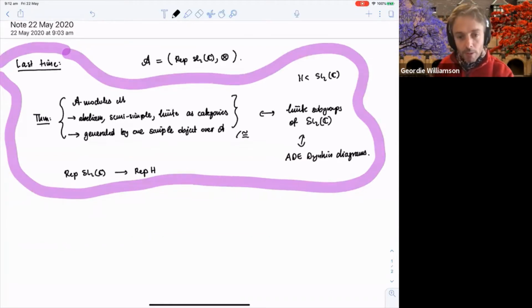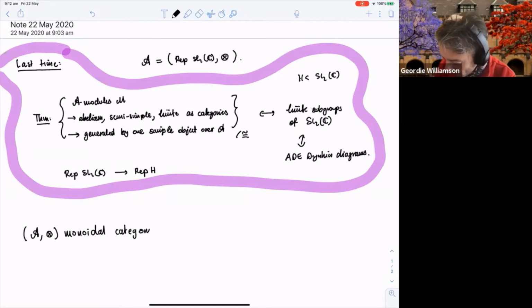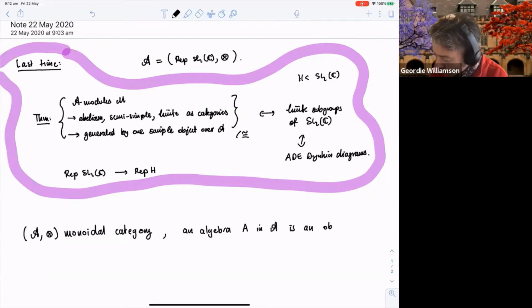And now I want to explain this philosophy. If we have a monoidal category, so now we're talking very generally again, we have the notion of an algebra, which is an object with a unit and a multiplication.